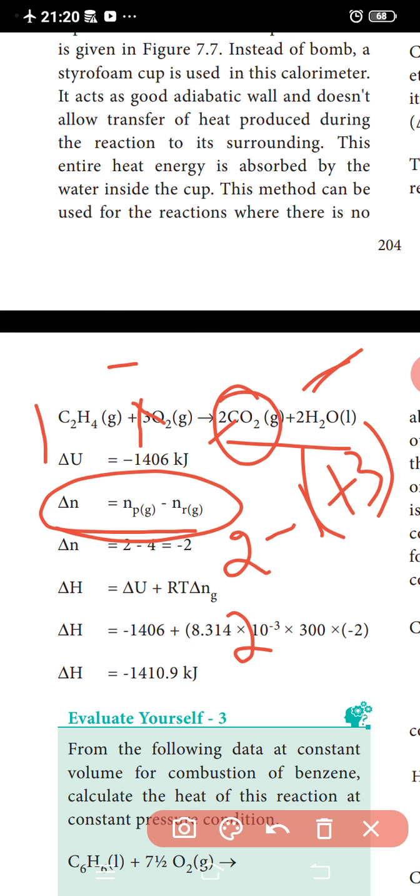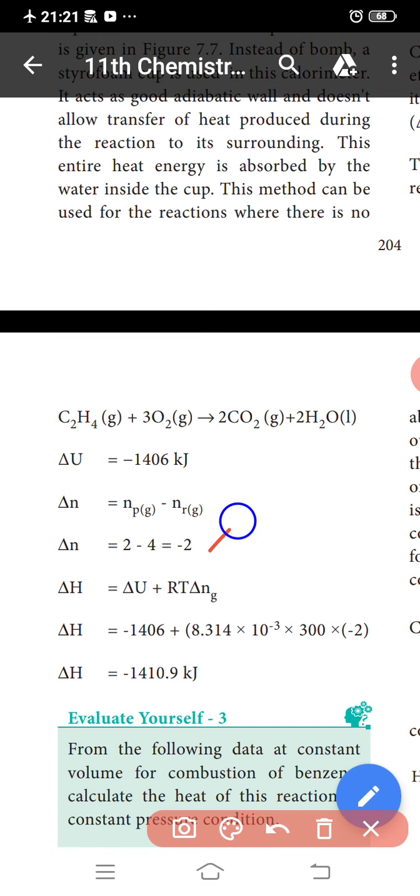So 2 minus 4 is equal to minus 2. The del N_g value is minus 2.